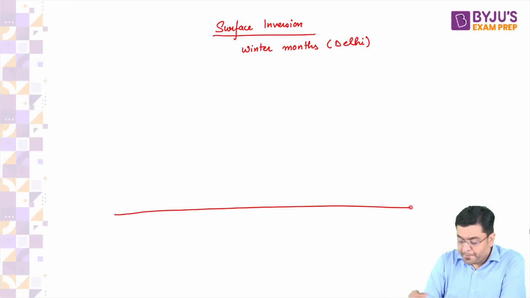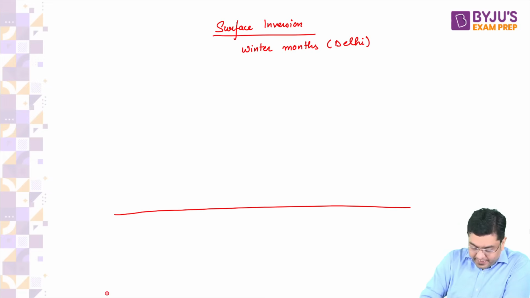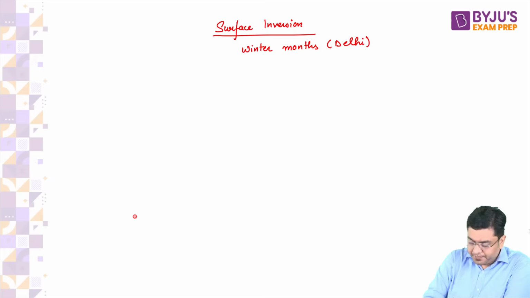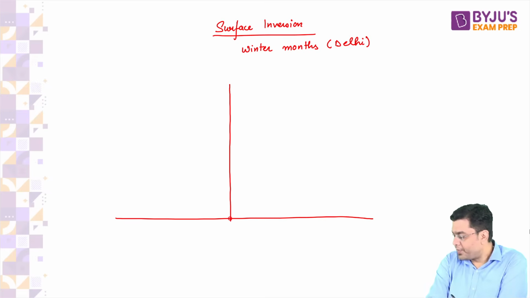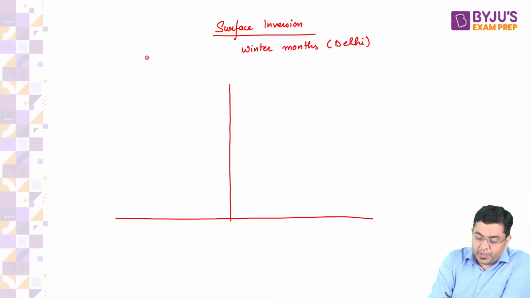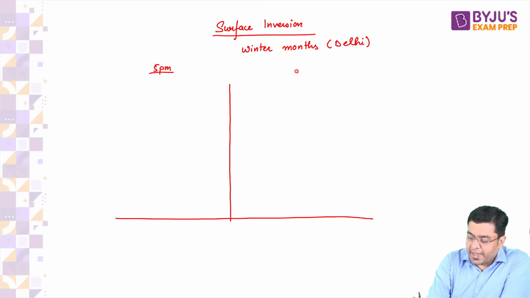Now, let us consider the conditions. Let's assume I'll change all the figures now. Okay. So here, let's assume we consider the condition at 5 p.m. and then we consider the condition at 2 a.m. in the morning or 4 a.m. in the morning.